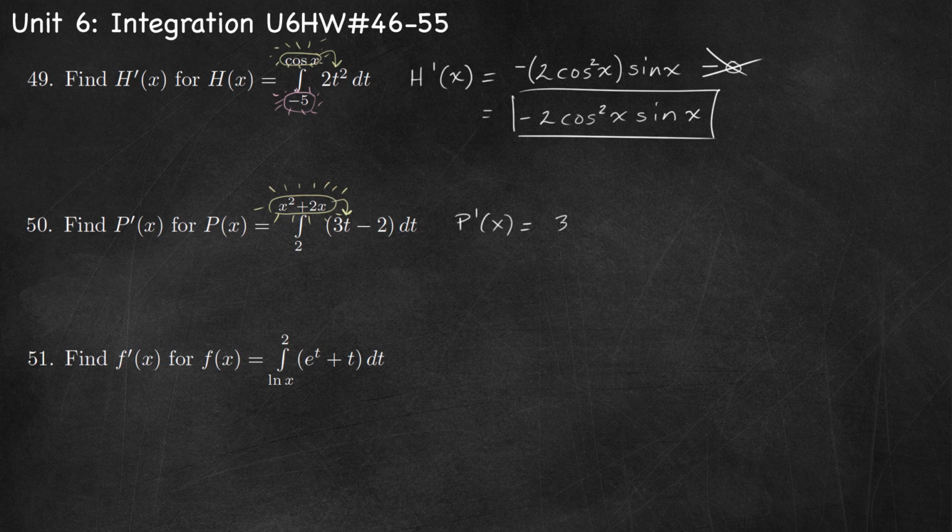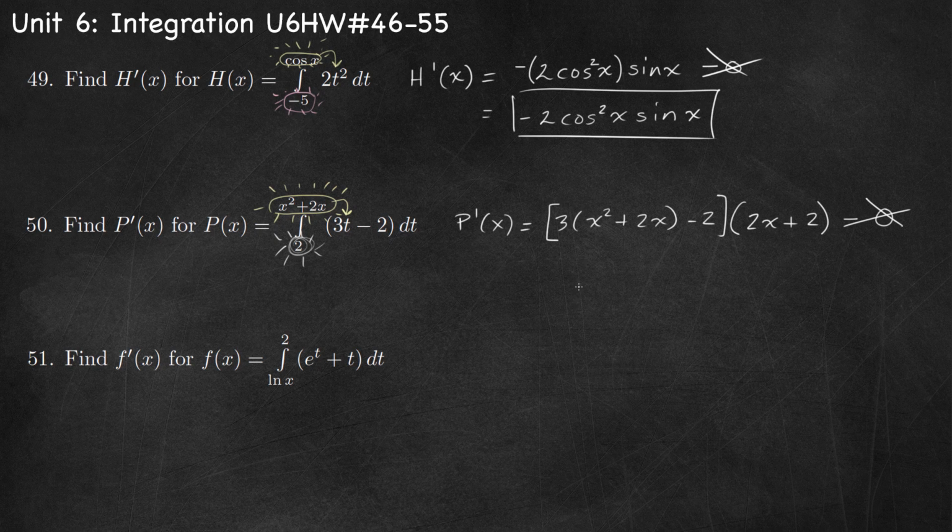So 3 times x squared plus 2x minus 2, all of that gets multiplied by the derivative of x squared plus 2x, which is 2x plus 2, minus 0, since the derivative of the lower limit is 0. So we can ignore that part.